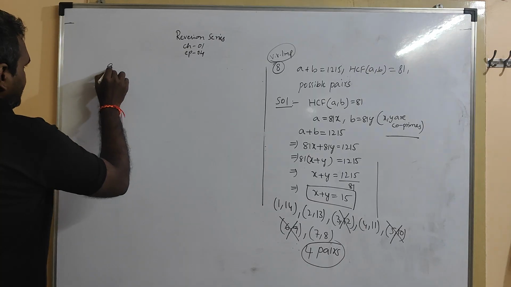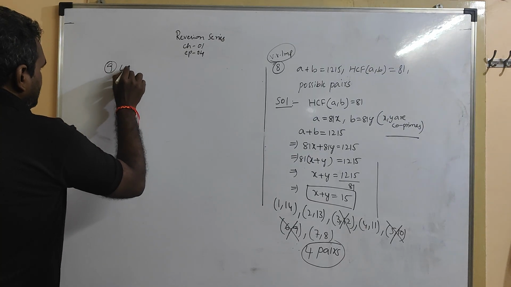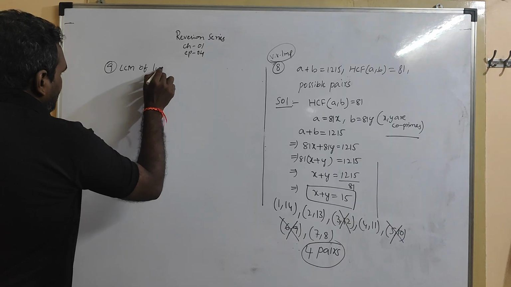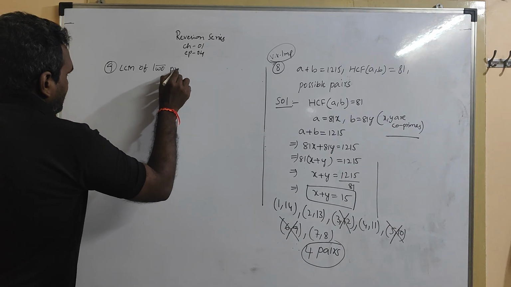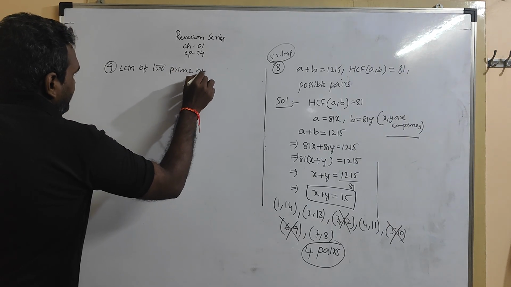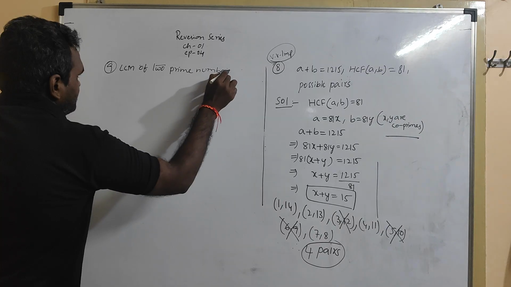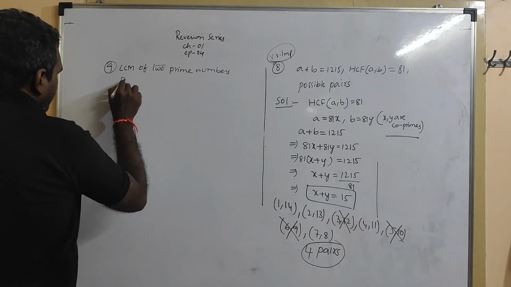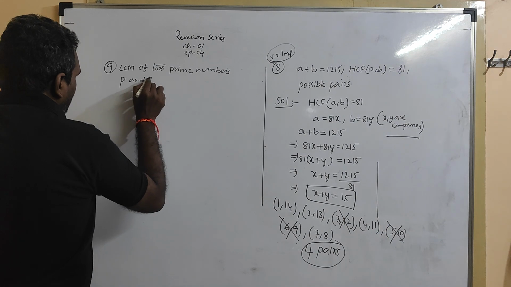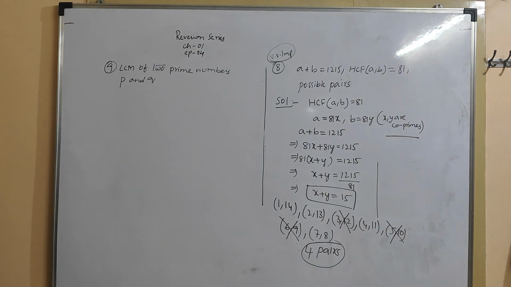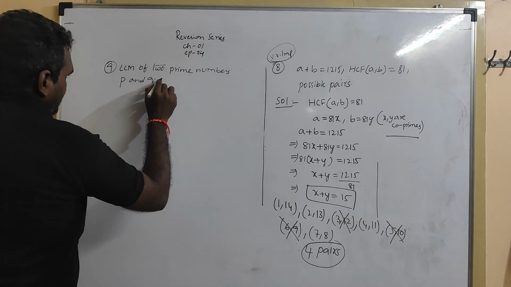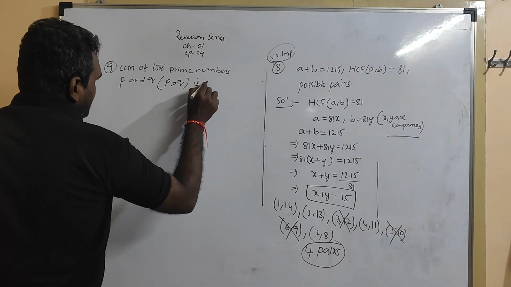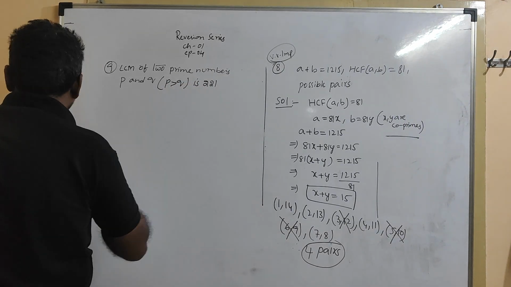Next question, 9th question. LCM of two prime numbers P and Q, in bracket P is greater than Q, is 221.